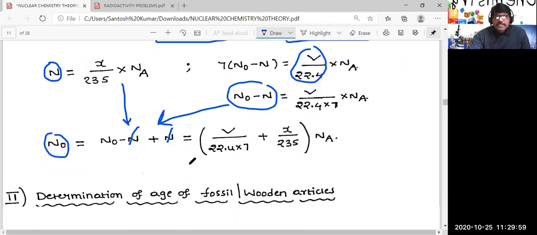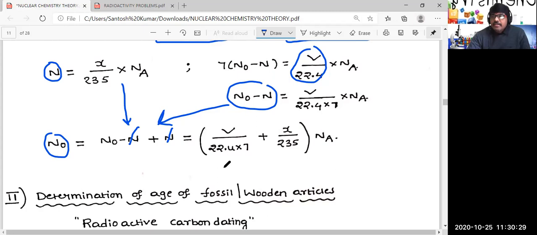And let us take the next one, that is determination of age of fossil, age of wooden articles. So wooden articles, for example, at your home you may have any wooden article. If you can know the composition of carbon C14 and C12 in that, easily we can find when that article was made.